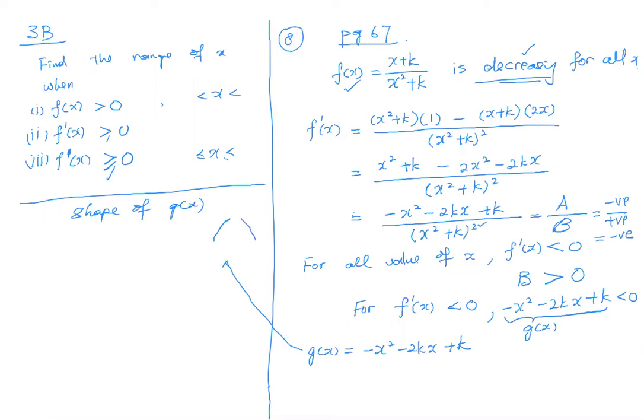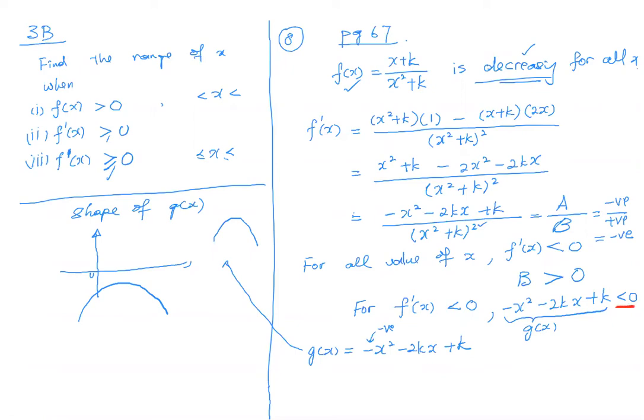Crying. Why? Because here is negative. I taught you at the beginning that the quadratic function is very important. This graph must be below the x-axis in order to have a negative value, because our aim is to be less than 0.